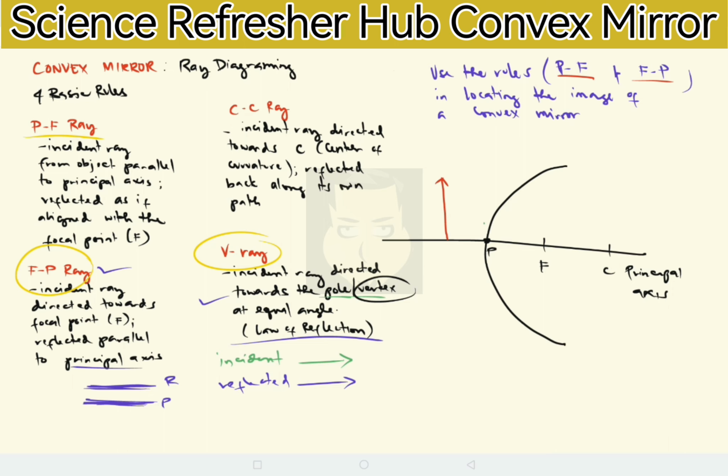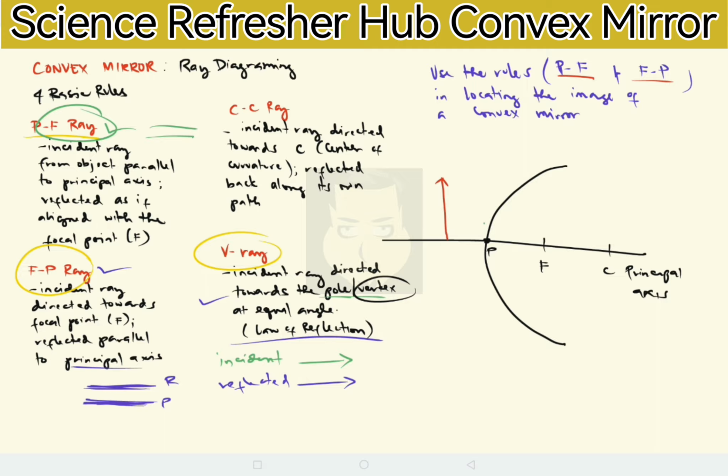We will still be using the green arrow to represent the incident ray, and the blue one for the reflected ray. So PF here: the incident ray from the object is parallel to the principal axis. Remember, parallel, not intersecting line. And then reflected as if aligned with the focal point. So how to do it?